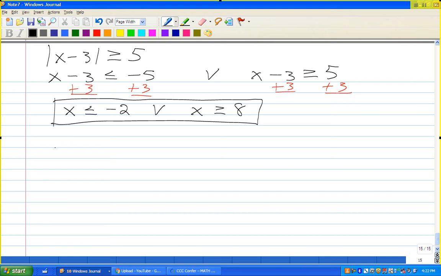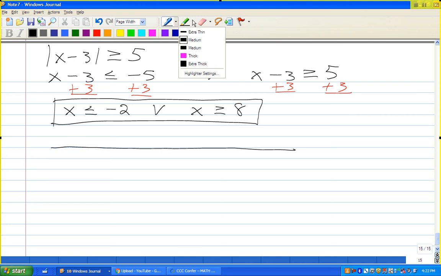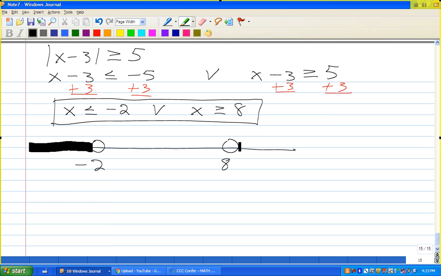Okay, so I have here that x is less than or equal to negative 2, or greater than or equal to positive 8.